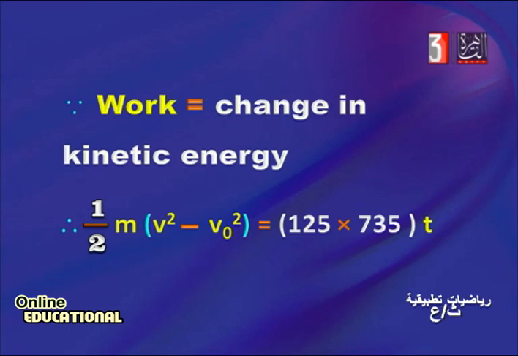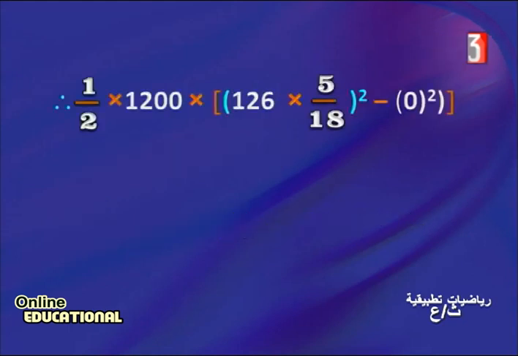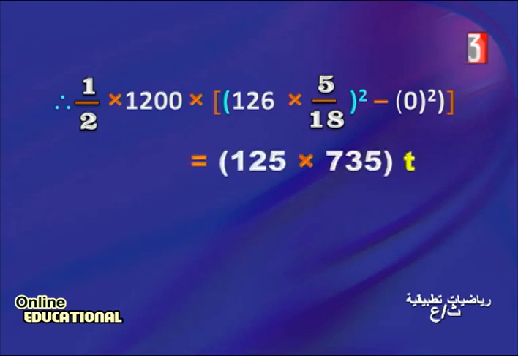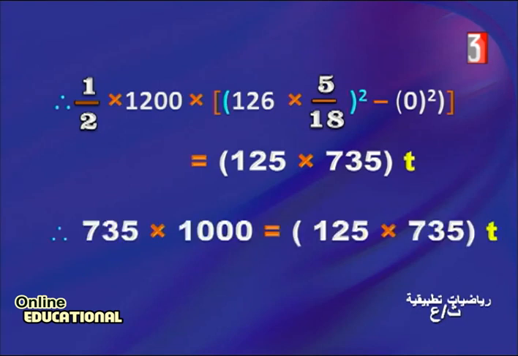Then half multiplied by the mass of the car, which equals 1,200 kilogram, multiplied by its velocity 126 times 5 over 18 meter per second, to the power 2, minus the initial velocity 0, because the car started its motion from rest, equals 125 times 735 t. The left hand side equals 735 times 1000, equals the right hand side 125 times 735 t. Then the time t equals 8 seconds.